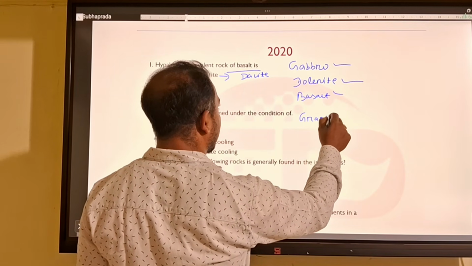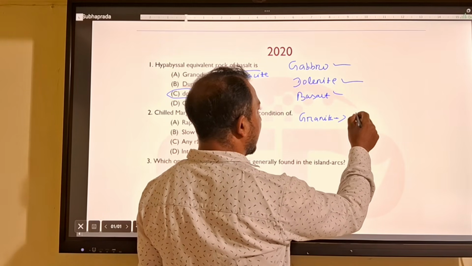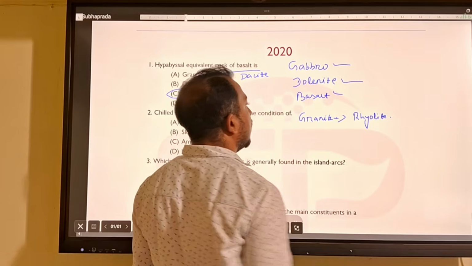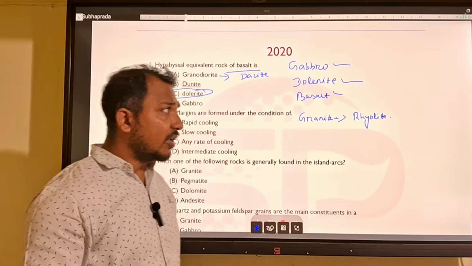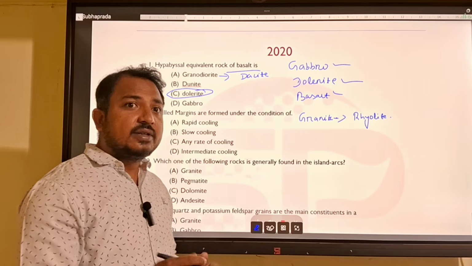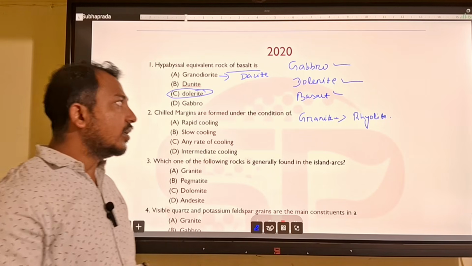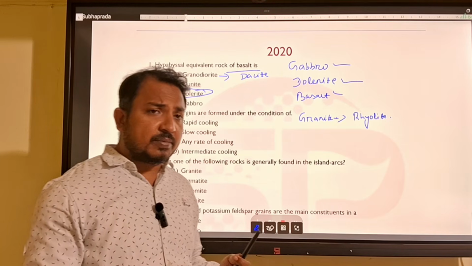Take other examples, like granite. It is plutonic. It has a volcanic equivalent, rhyolite. Then we have syenite. It has trachyte. Then you have diorite. It has a volcanic equivalent of andesite. Then we have nepheline syenite, phonolite.